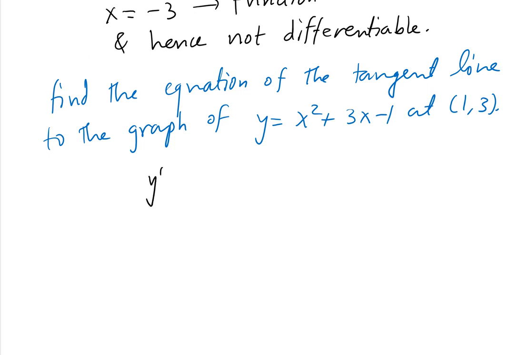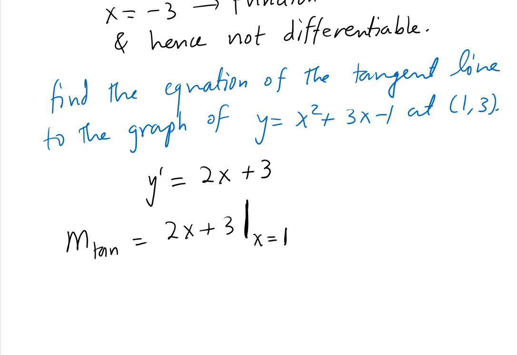How do you do that? We need to find the derivative, which is 2x plus 3. The slope of the tangent line we're looking for is this thing we just found, at x equals 1: 2 plus 3, 5.